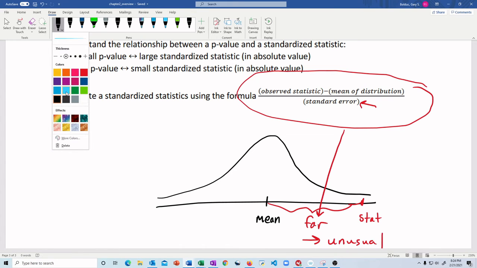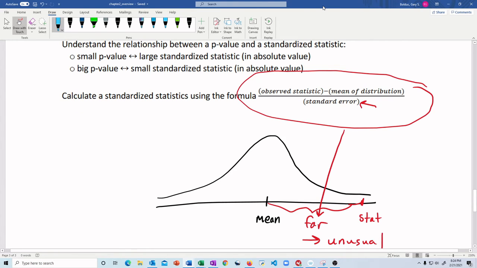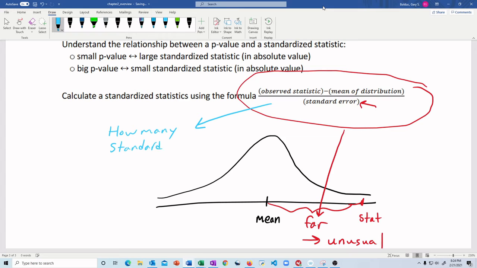Here's the thing. I was going to say the tricky thing, but it's not tricky. This calculation literally just says how many standard deviations you are from the mean.